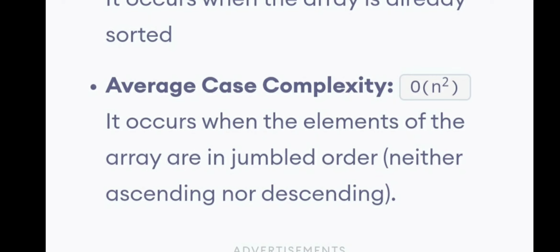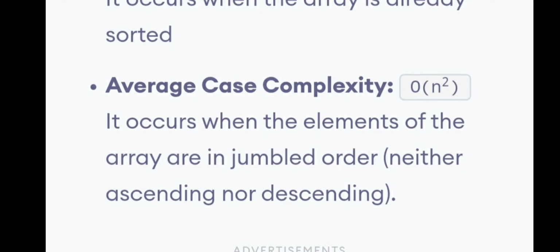That situation is called average case time complexity. It occurs when the elements of the array are in jumbled order, mixed order, neither ascending nor descending. That is average case.